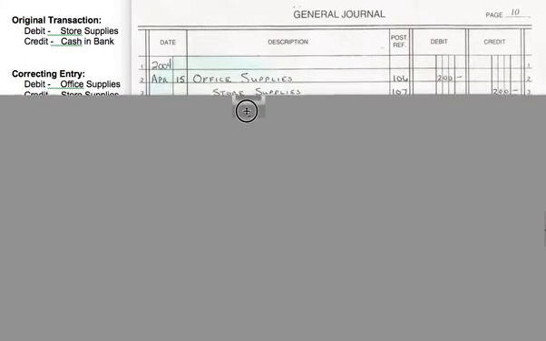To show this in the general journal, of course on the first line, you always put the year under the date column. And then our correcting entry will look like this. Store supplies was the original debit, so to make it zero, we have to credit it in the correcting entry.